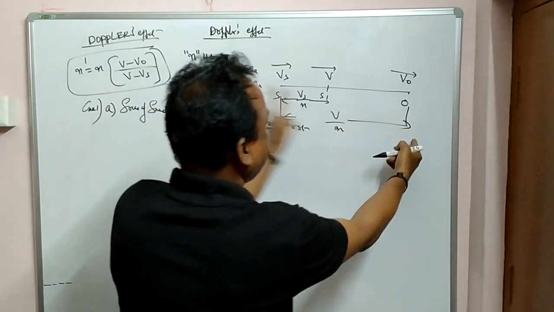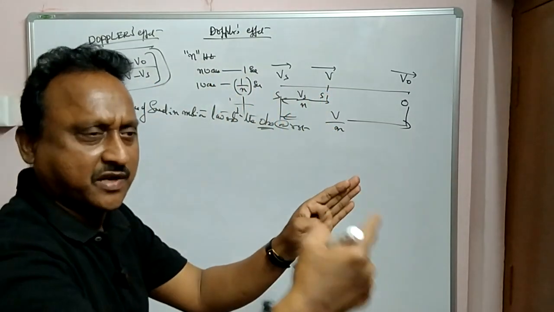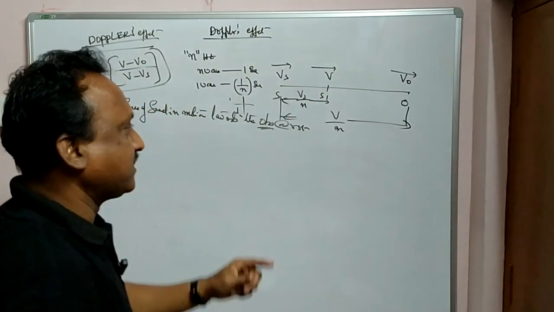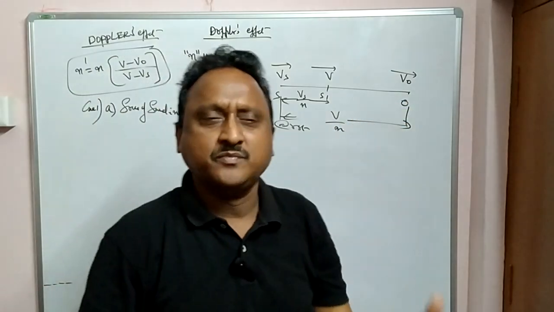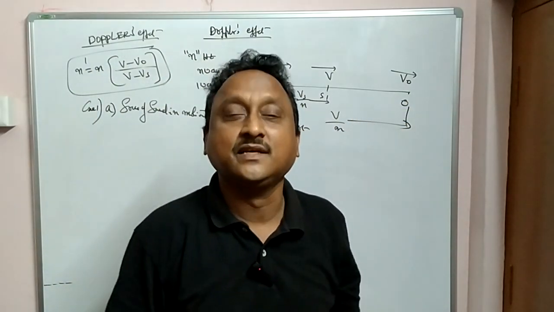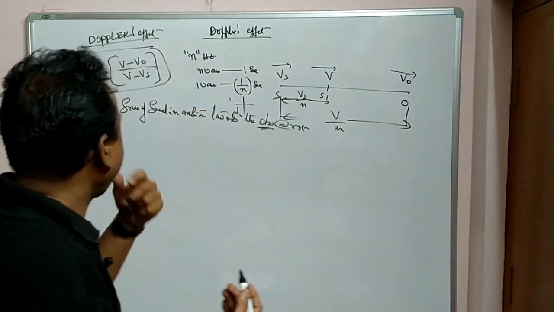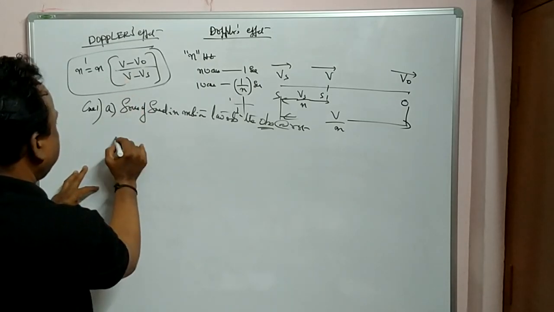The observer is at rest, and the train is coming towards the observer. Then what happens to the observer? Does the observer hear more frequency or less? He gets more frequency, practically. So what happens from this one?